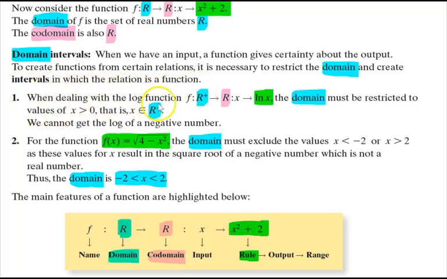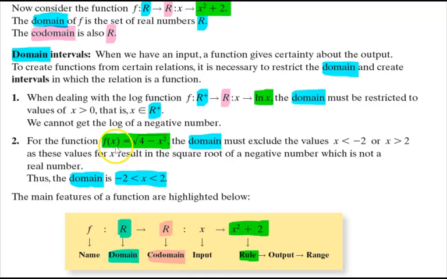When dealing with the log function, f: R⁺ → R, where the little plus sign is the positive part of the real number set, x maps to ln x, the natural log of x. The domain must be restricted to values of x greater than 0. That is, x is an element of the positive real number set, because we cannot get the log of a negative number.